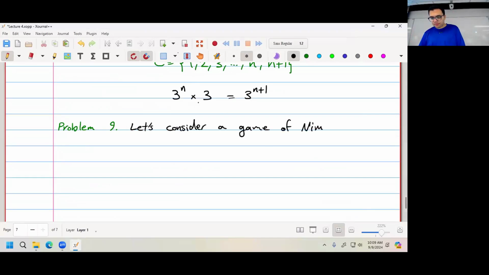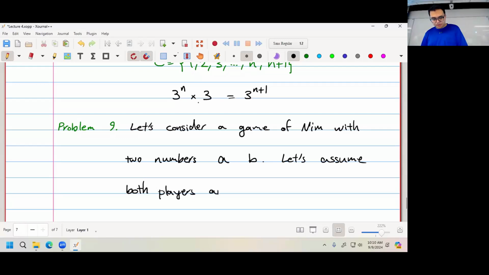A game of NIM with two numbers. Let's call these numbers A and B. Let's assume that both players are infinitely smart and they never make any mistakes. This is what I want you to prove.